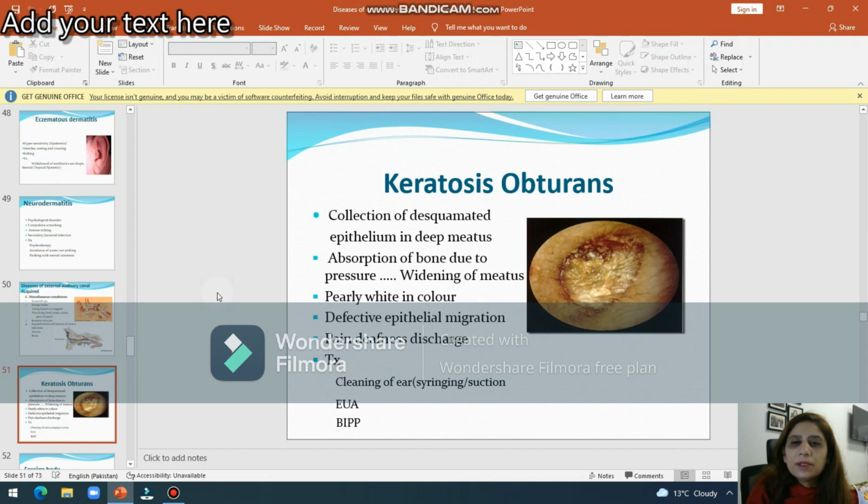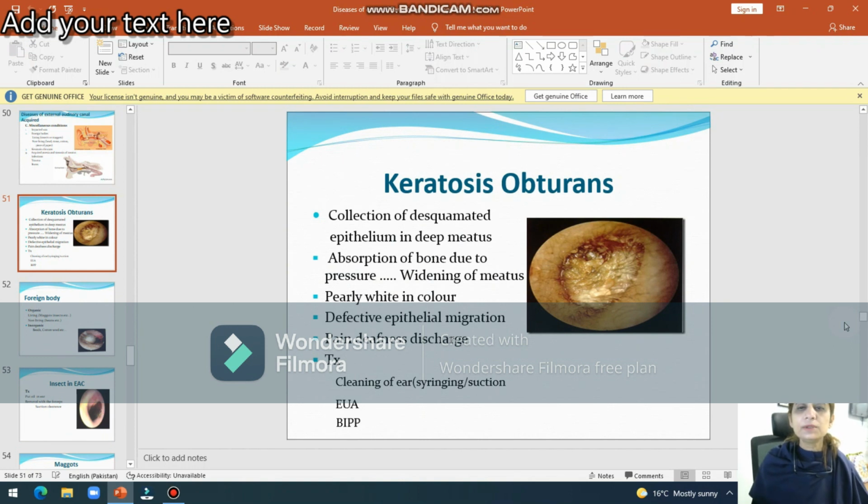Wax is present in the outer part of the external auditory canal. Keratosis obturans is impacted wax along with desquamated epithelium. Desquamated epithelium normally comes out of the external auditory canal through migration of the cells. But if somebody is pushing the wax into the deep meatus, it becomes hard along with this desquamated epithelium, and it is called keratosis obturans.